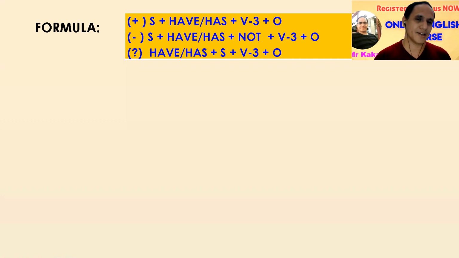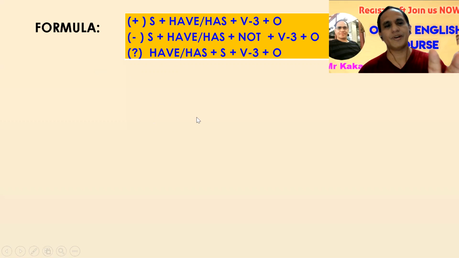That's the basic formula of simple present perfect tense that you have to know. If you know this basic form, it will be easy for you later to make a sentence using simple present perfect tense.